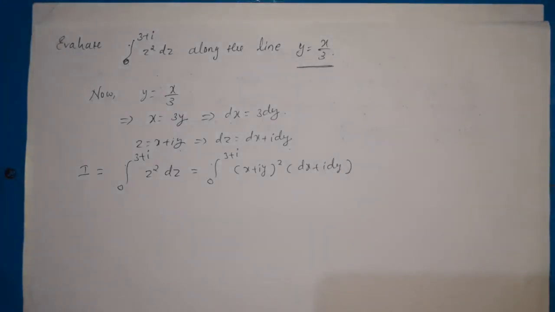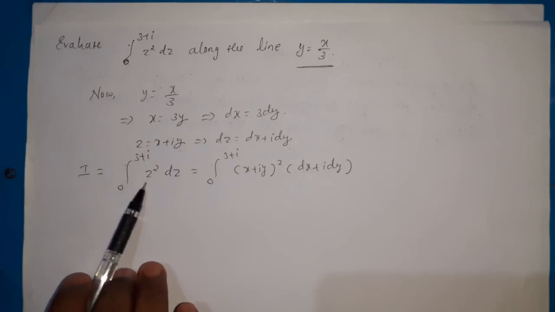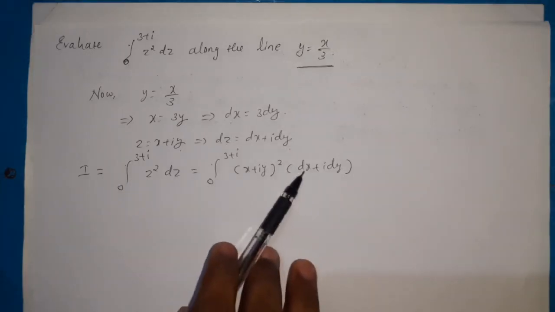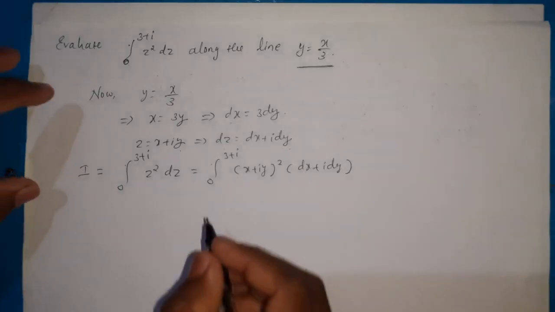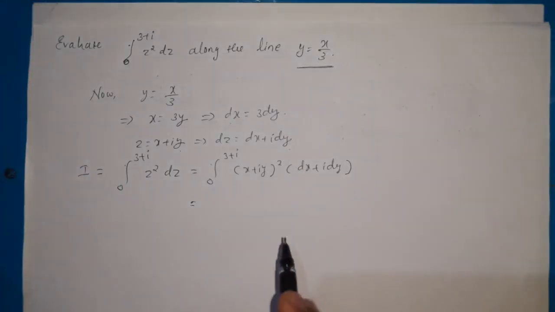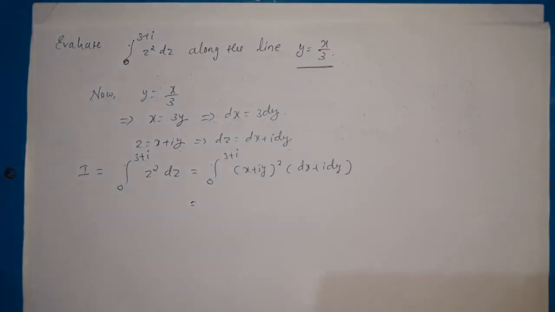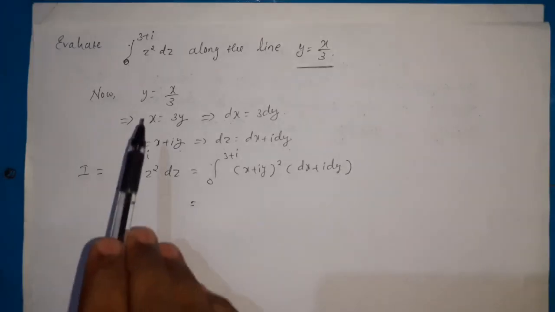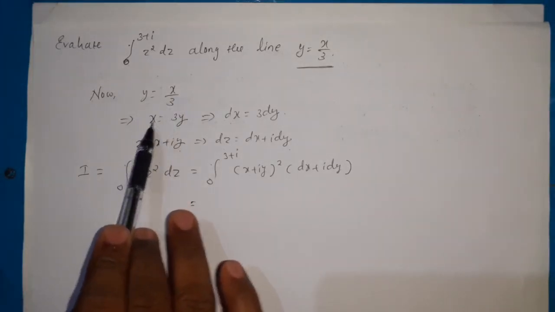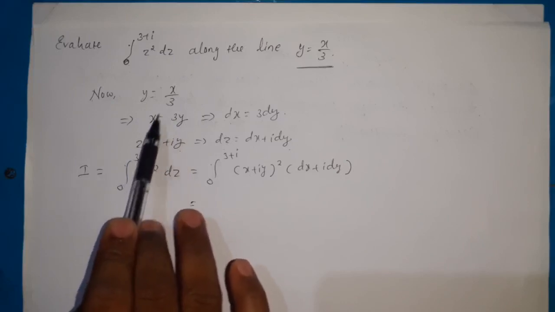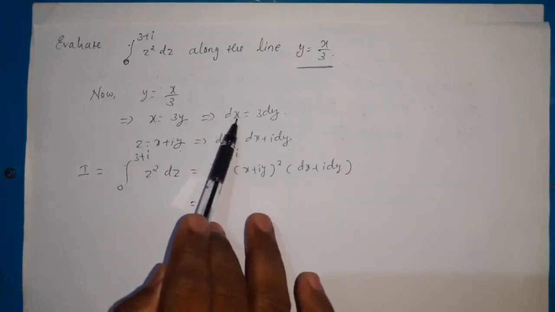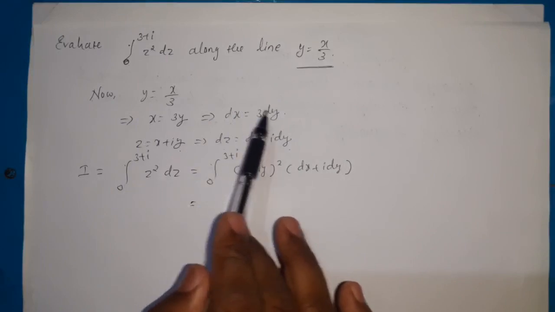So here we have substituted z equal to x plus iy and dz equal to dx plus i dy, and now we need to reduce this function of two variables to a function of a single variable by using the substitutions given. Here the given line is y is equal to x by 3, so y equal to x by 3 can be written as x equal to 3y, which means we can substitute x equal to 3y, and in place of dx we can write 3 dy.